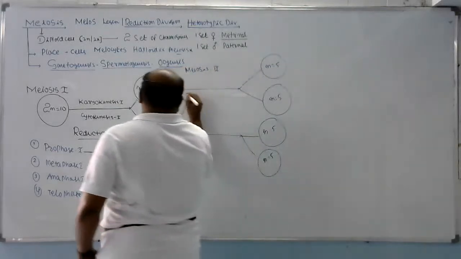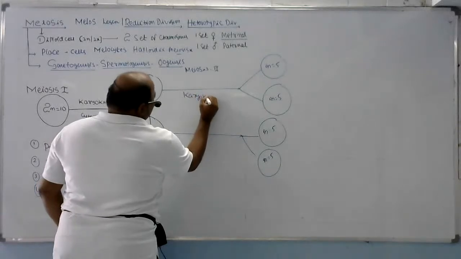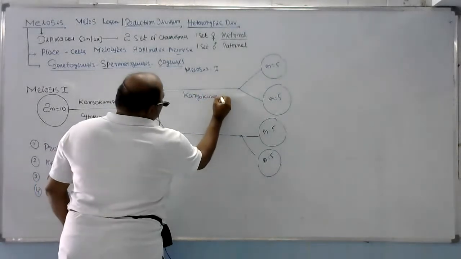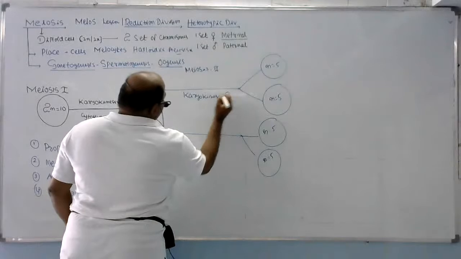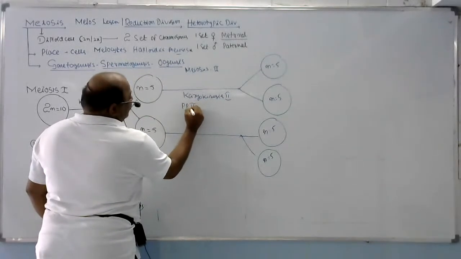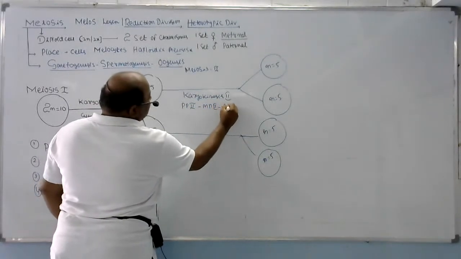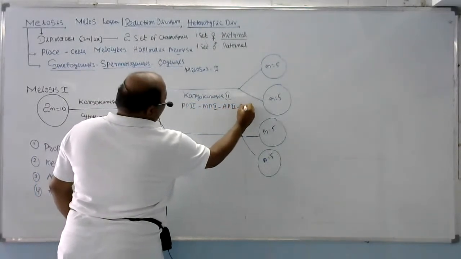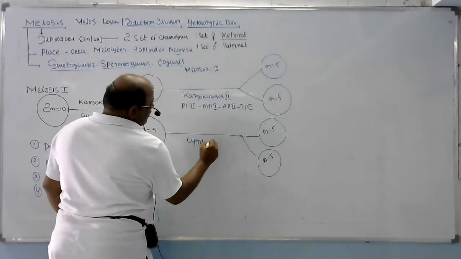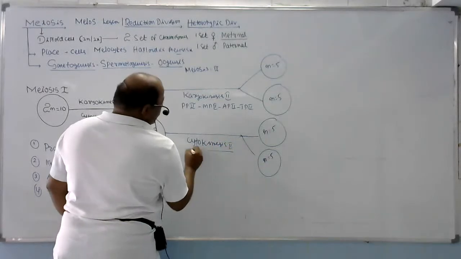Same process. In meiosis 2 also, the nucleus is divided. This process is karyokinesis 2. In karyokinesis 2, prophase 2 takes place, then metaphase 2, anaphase 2, and telophase 2. After completion of that, cytokinesis 2 takes place.